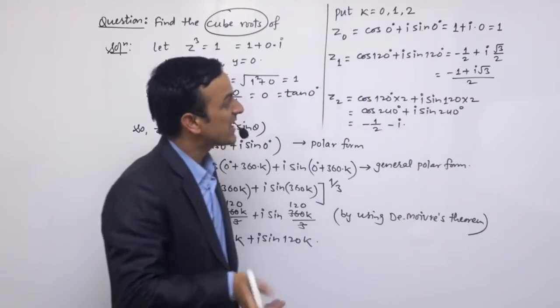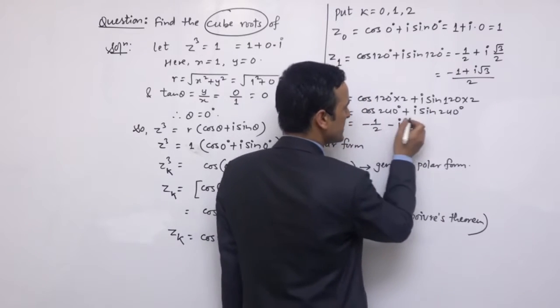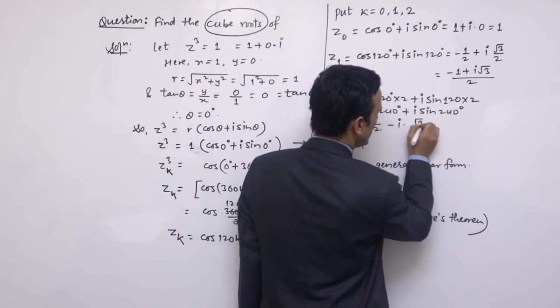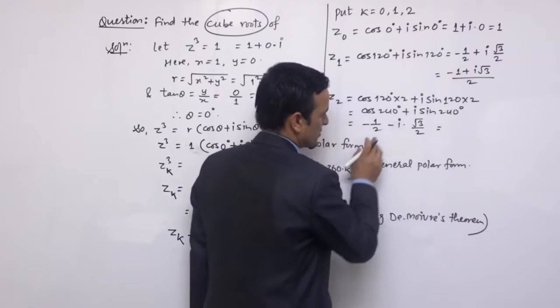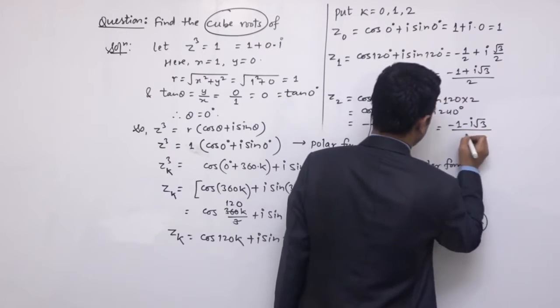So it lies in the third quadrant and its value is negative. So write down negative. Sin 60 means root 3 by 2. So if you take the LCM, then you will get minus 1 minus i root 3 by 2.